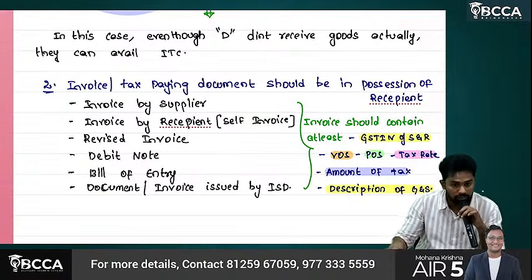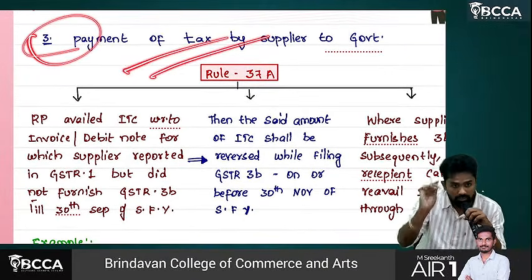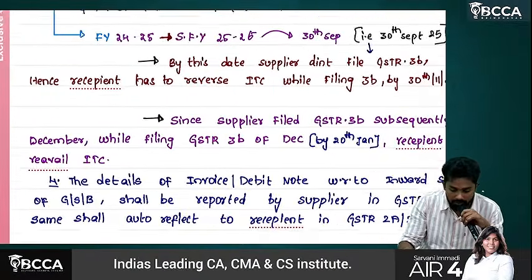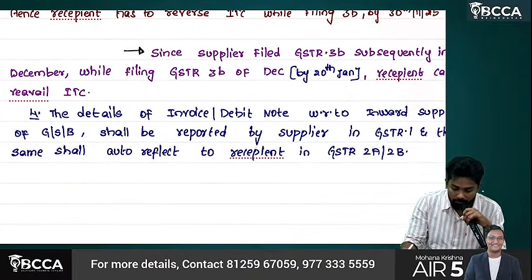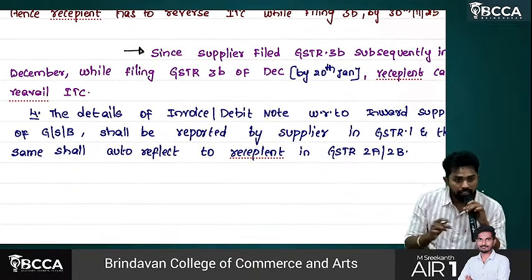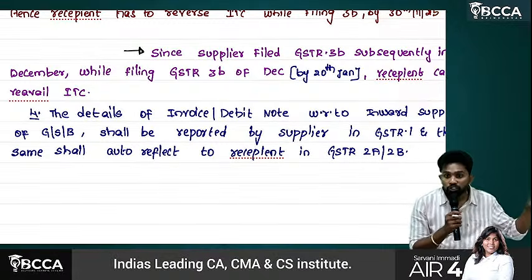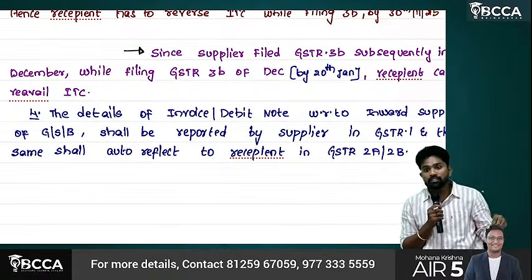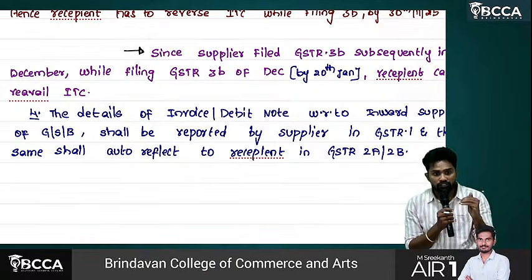There are other conditions also. This one we'll discuss towards the last point. Then come to the fourth point. Sir, to avail ITC, first the recipient should have what? An invoice. Then such invoice should be uploaded by the supplier in his GSTR1 or IFF, the invoice furnishing facility.